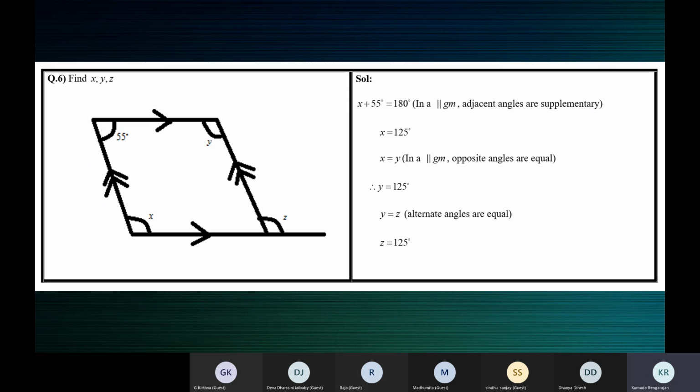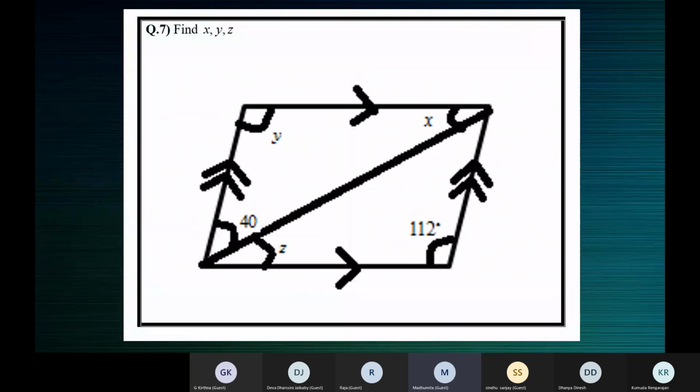Take a picture, children. Yes, ma'am. All right. Done, ma'am. All right. Try this one, children. Take a picture of the question. Done?